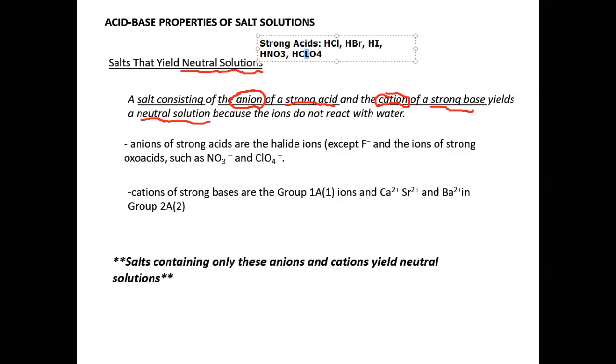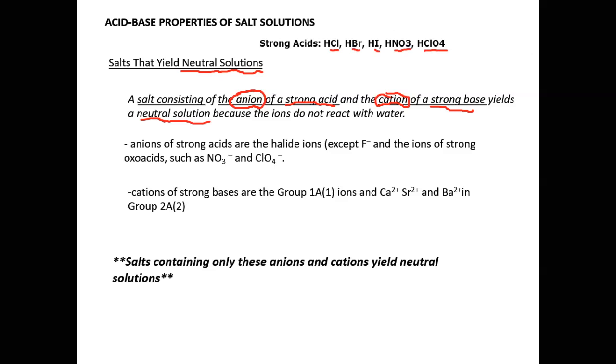So these are the common strong acids we're referring to. We're not referring to sulfuric acid because bisulfate ion is a little bit different. So if you have a salt that contains a chloride, bromide, iodide, nitrate, or perchlorate anion, that anion is going to be neutral. It doesn't affect pH.